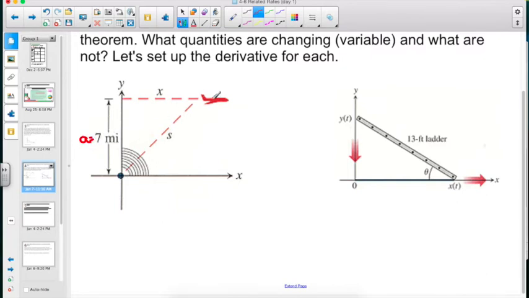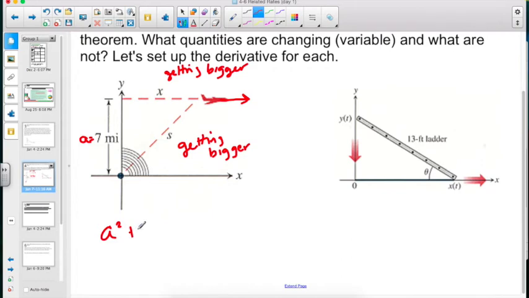As this airplane flies horizontally, this horizontal distance x is getting bigger, and the hypotenuse s is also getting bigger. So the rates of change are going to be positive because it's increasing the length of those two things. But the A is always going to be 7 miles.